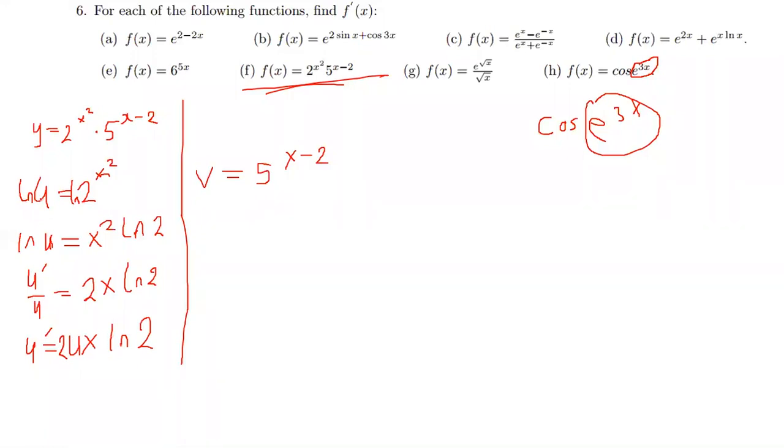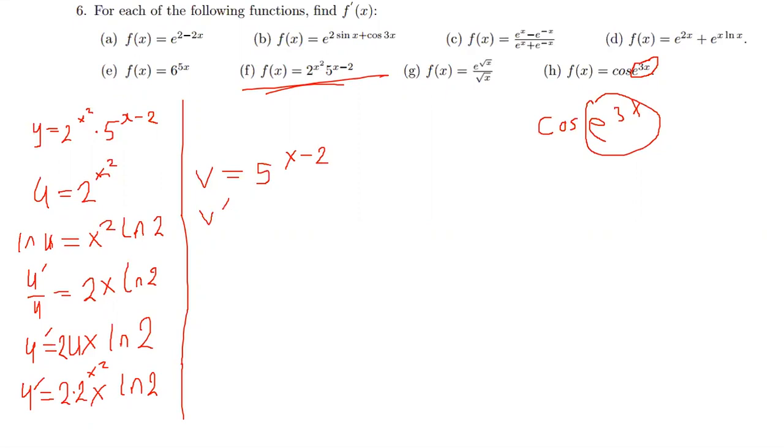We know that our u initially was just equal to 2 to the power x squared. So our u prime will now be equal to 2 to the power x squared, and then times 2x ln 2.